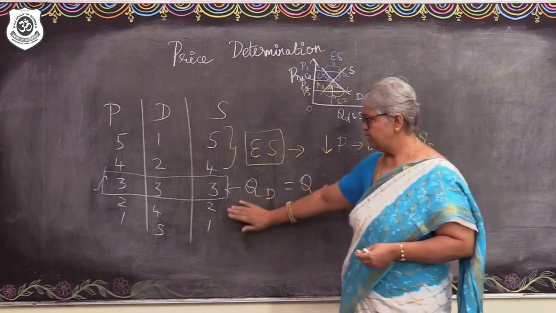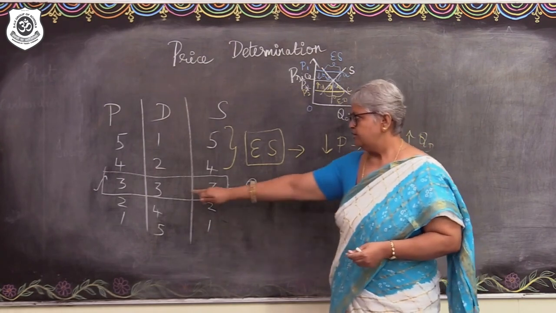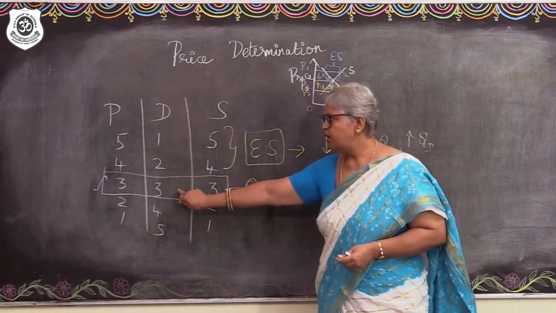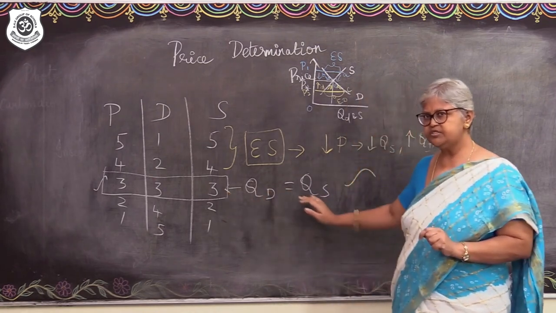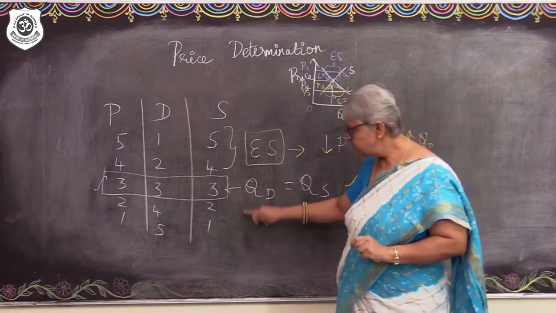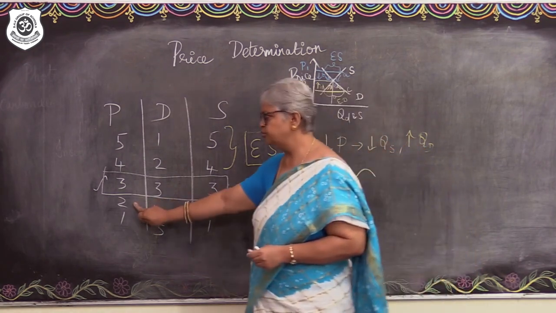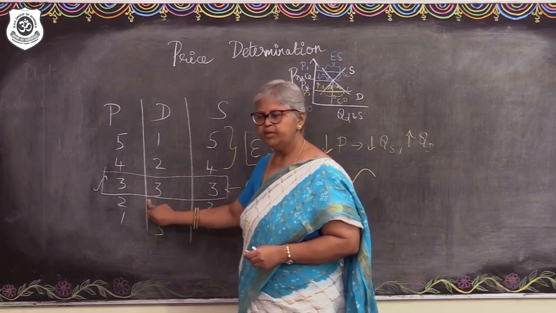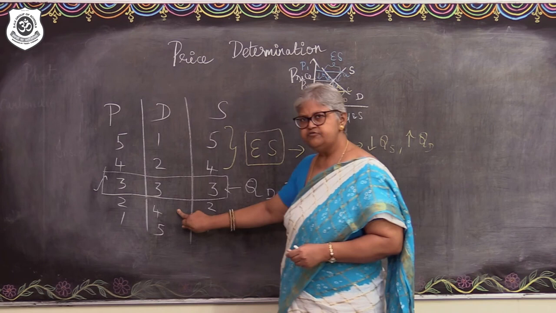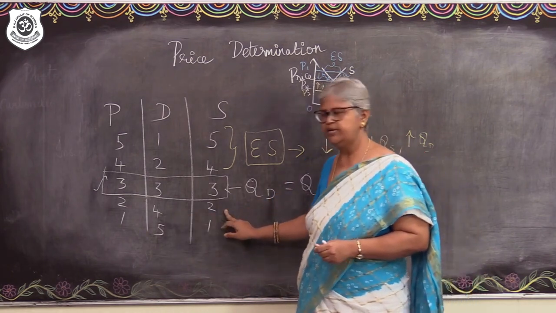Again, let us go down, right? At 3, the quantity demanded is equal to the quantity supplied. Alright, so we have understood this is the equilibrium price. Go down to the next price level, which is 2. At 2, the quantity demanded is 4 and the quantity supplied is 2, right?